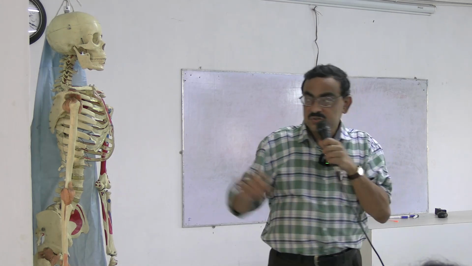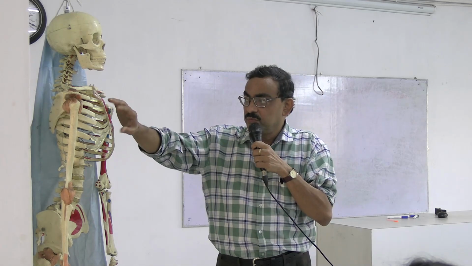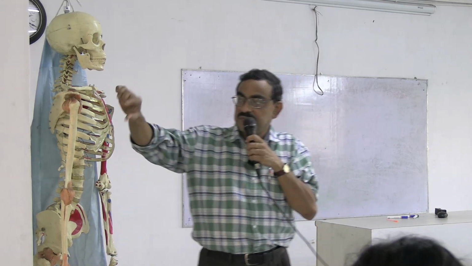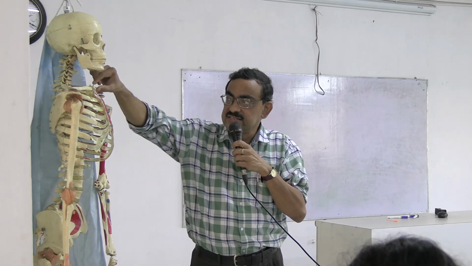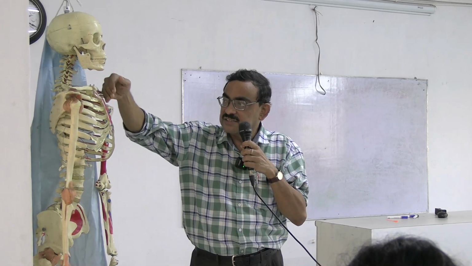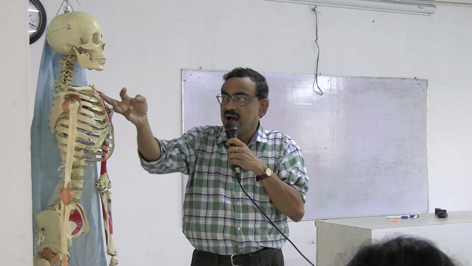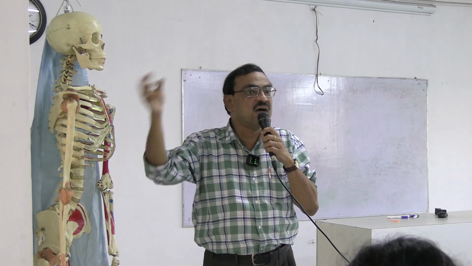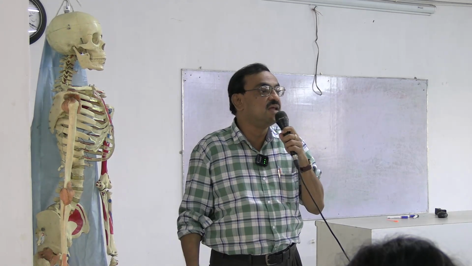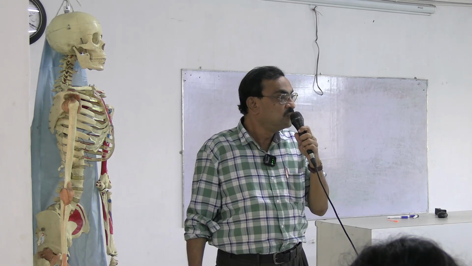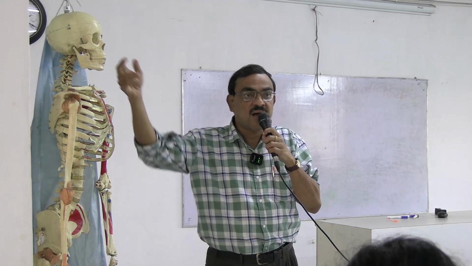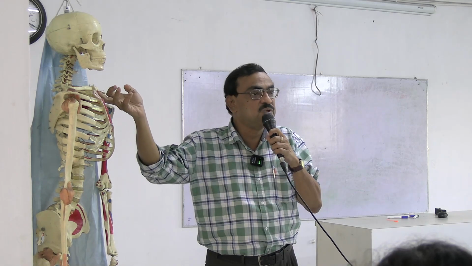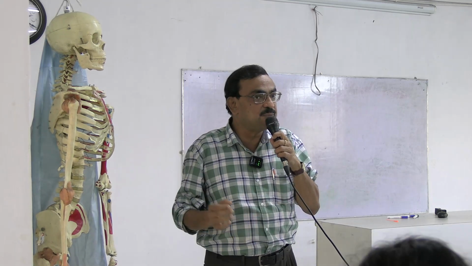We are concerned with the pectoralis minor muscle because here is the muscle and this is the clavicle, and one fascia will come from underneath the clavicle. We have seen on the undersurface of the clavicle there is a subclavian groove, which has anterior and posterior lips.